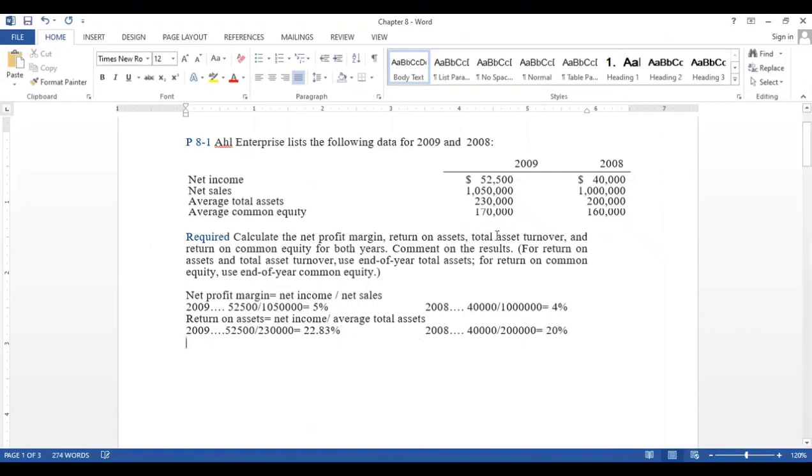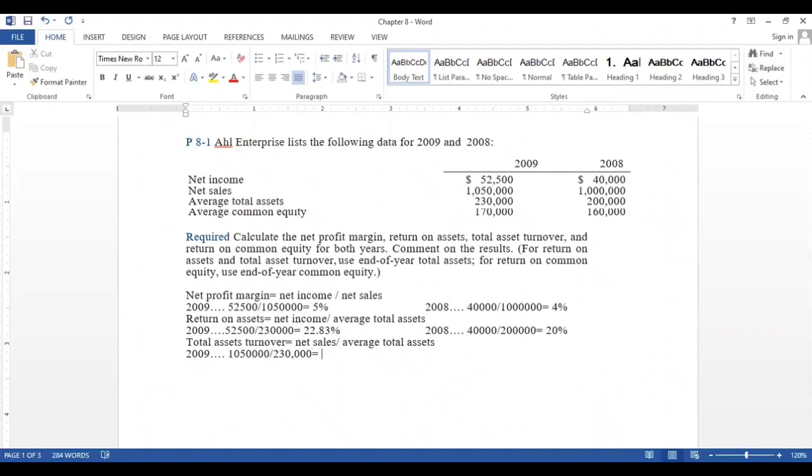Third requirement is to calculate the total asset turnover. The formula to calculate the total asset turnover is net sales divided by average total assets. So for 2009, our net sales are 10 lakh and 50,000 divided by average total assets, which are 2 lakh and 30,000.